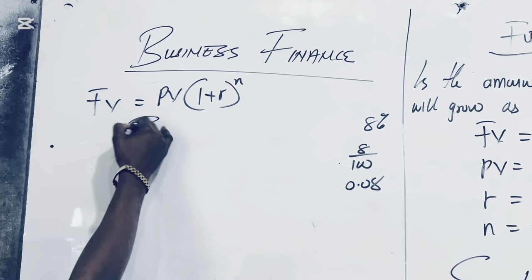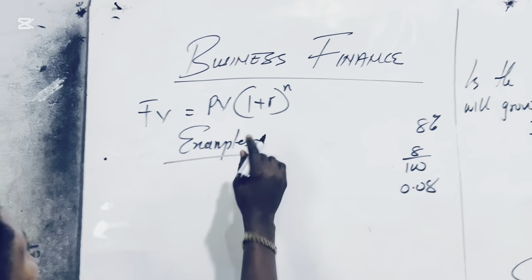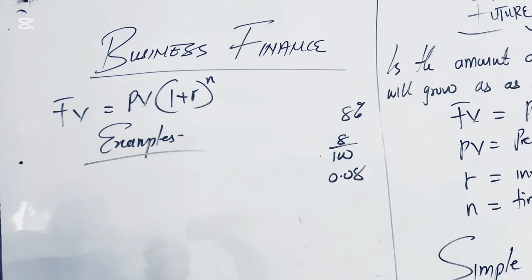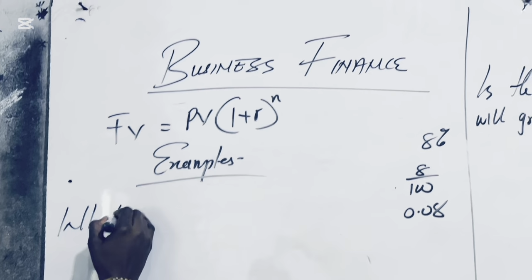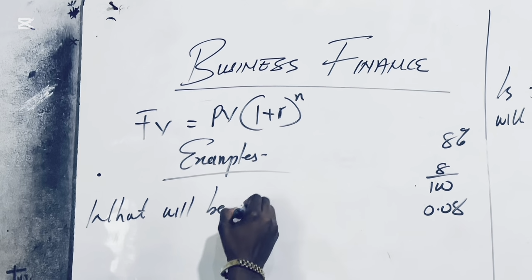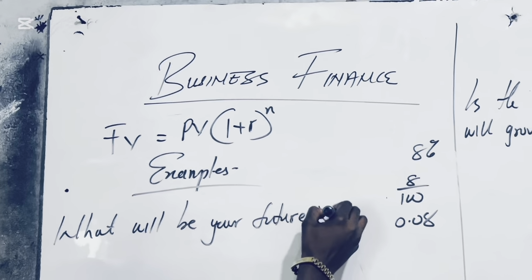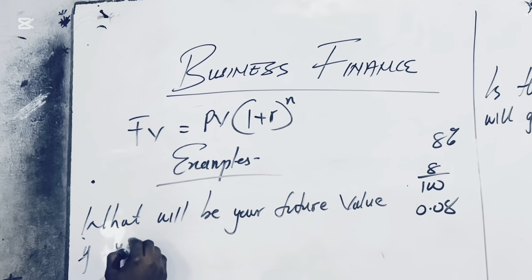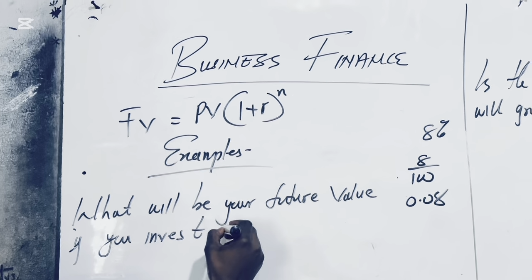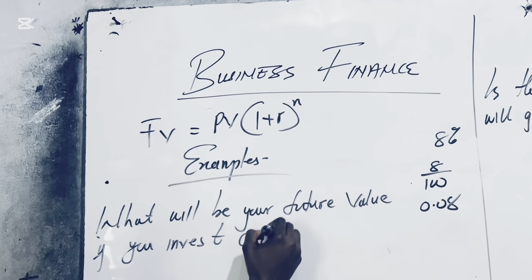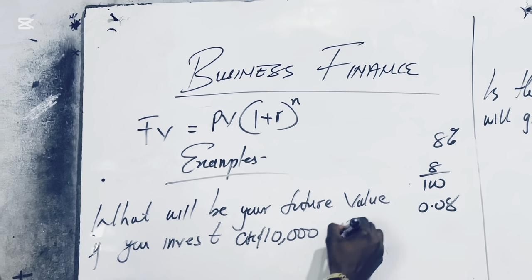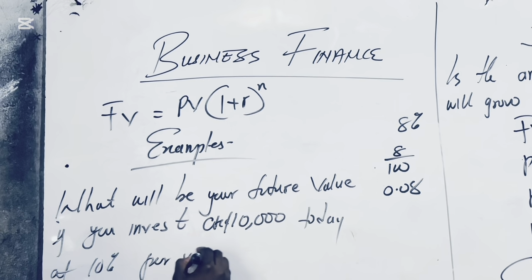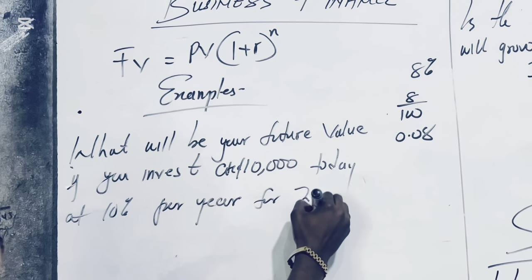Okay, so let's try our hands on a few examples. So example 1. Let's say we have this. What will be your future value if you invest 10,000 Ghana cedis today at 10% interest rate per year for 2 years?